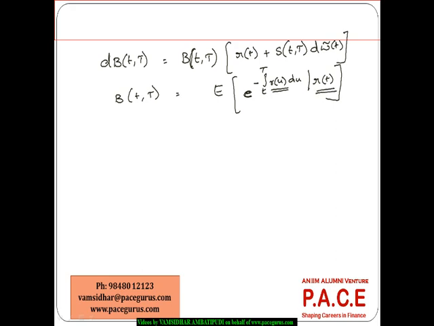From t to the future period T, whatever interest rates are going to come up, I am taking the expected value of all these various possibilities of the interest rate, discounted to the current time period.